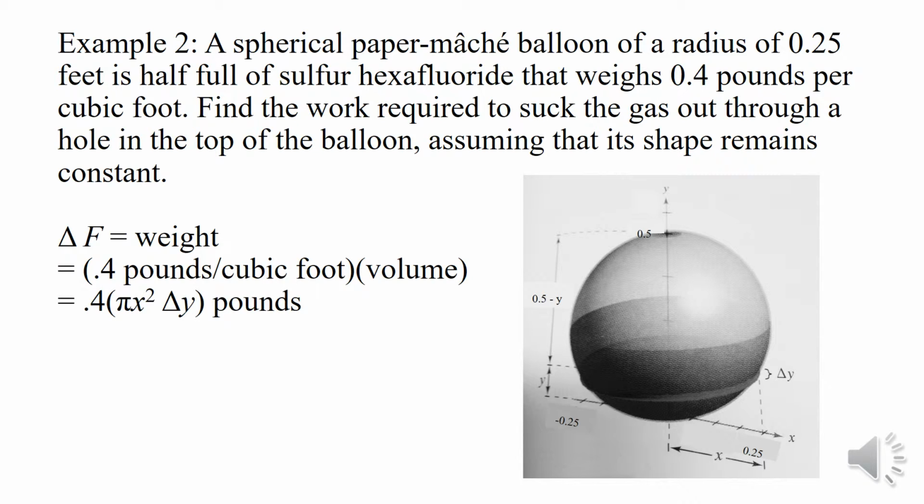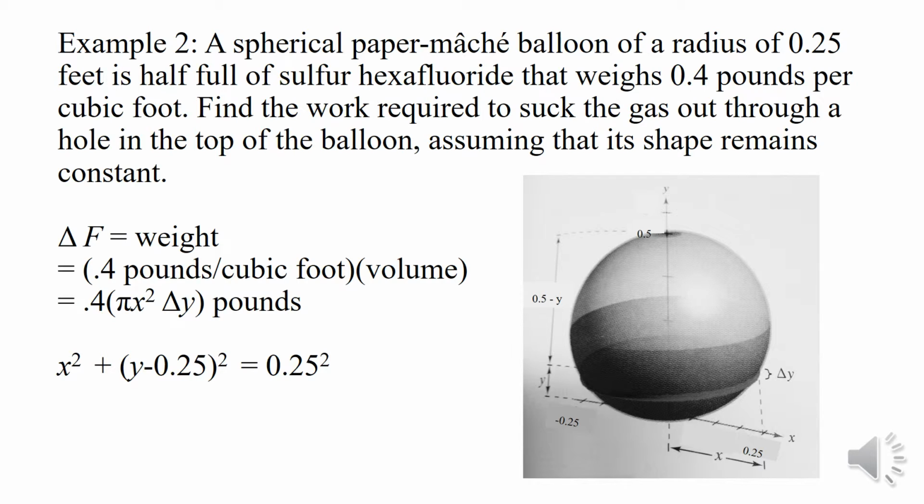Using the shell method, we can divide the sphere into small cylinders so that the volume of a cylinder is pi x squared times change in y. Therefore, the force is 0.4 times pi x squared change in y. We then find the equation of the circular bases of the cylinder. The formula for a circle is x minus h squared plus y minus k squared equals r squared.